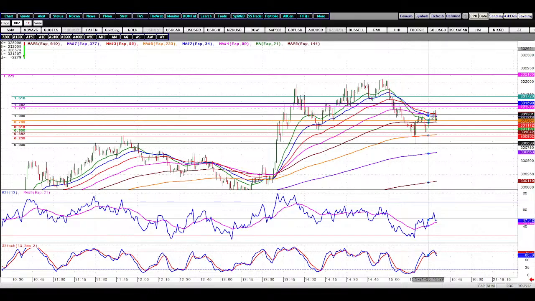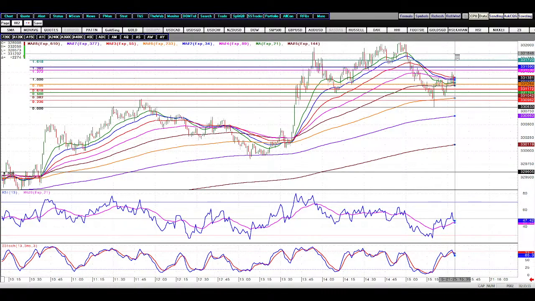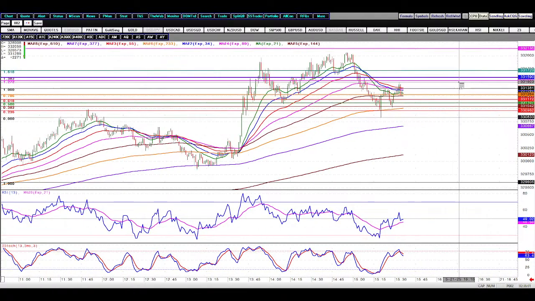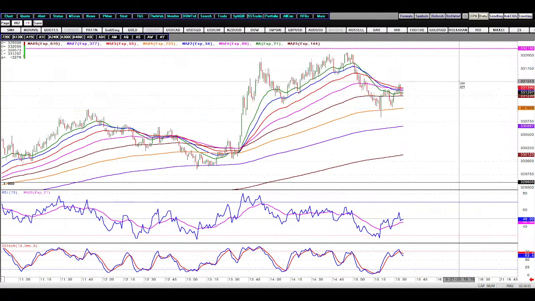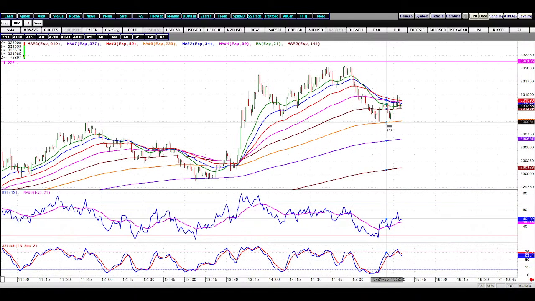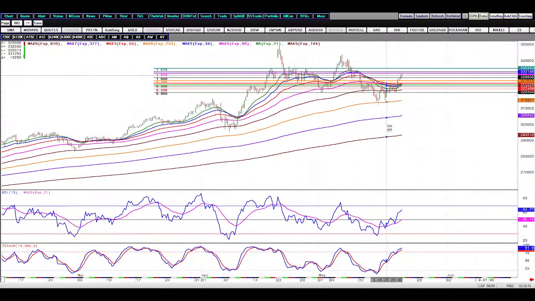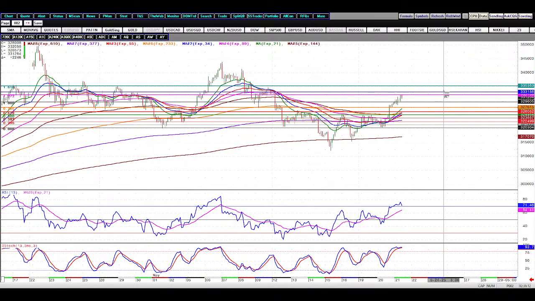Okay, TP, if this is the high, then we should see a minimum 3300 or 3286 or 3295. So the target.